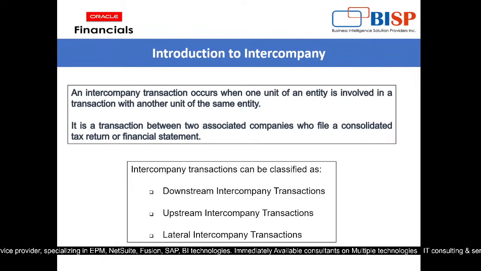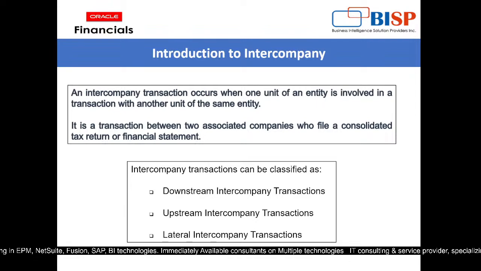Now, let's see what are the types of intercompany transactions. Intercompany transactions can be of three types. Downstream intercompany transactions: here the transactions flow from the parent to its subsidiary.